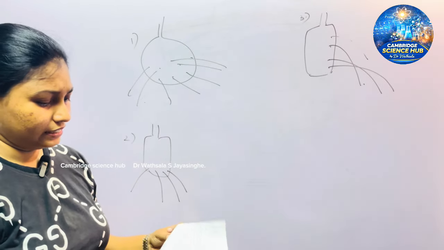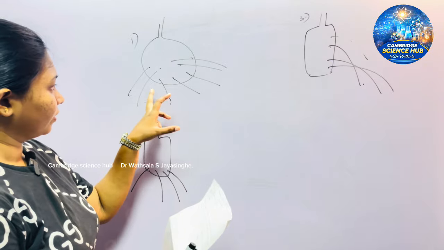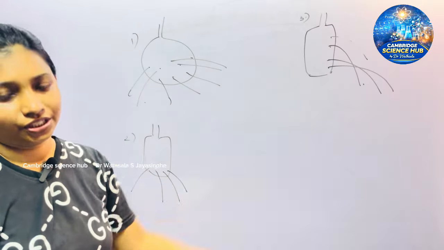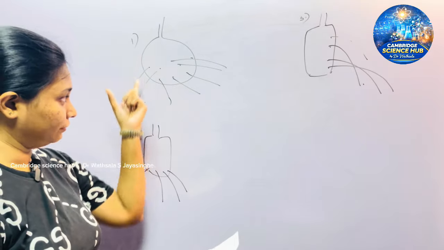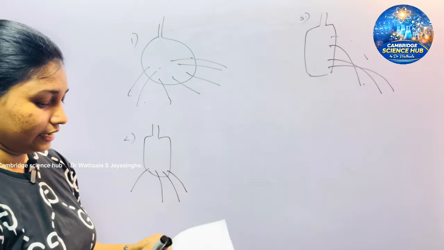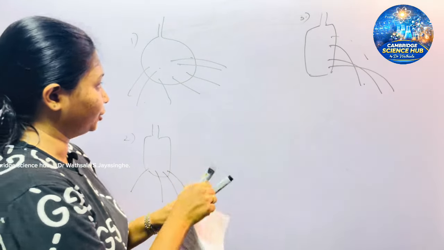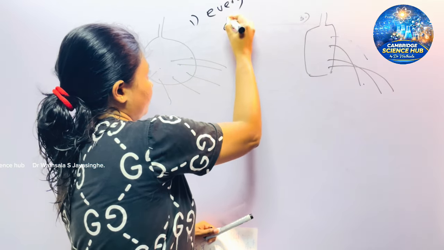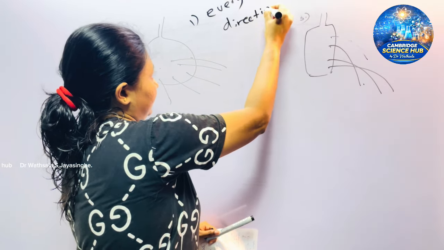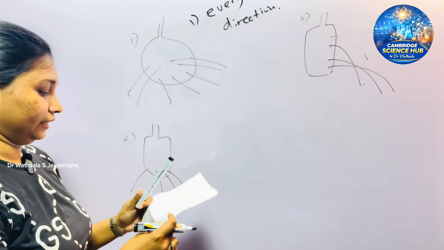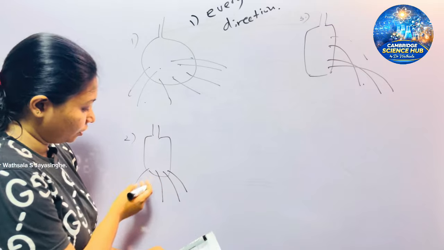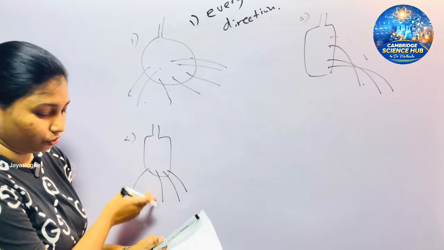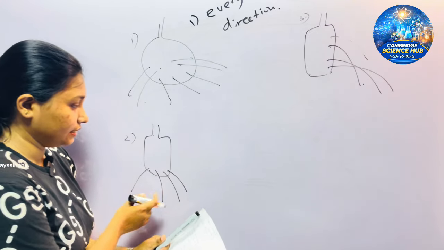From the first practical, see, the water comes out in different directions. So first of all, what we can get is that it acts in every direction. Hydrostatic pressure acts in every direction. From this practical, that can be proved. From the second practical, when you measure the horizontal distance of the flow of the water, you can find it is equal.